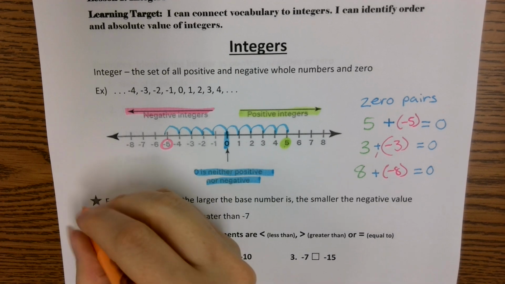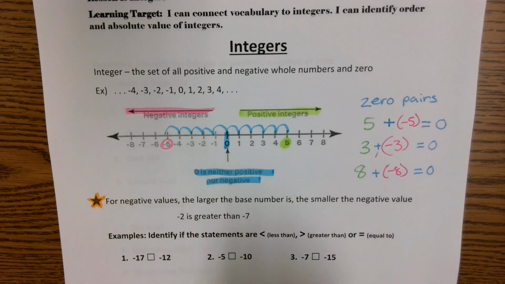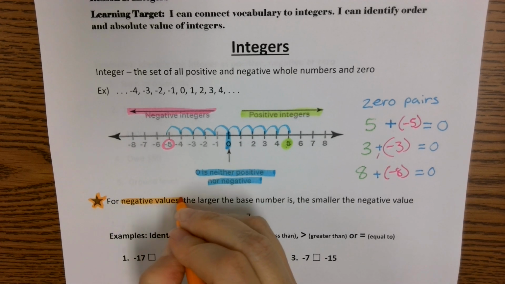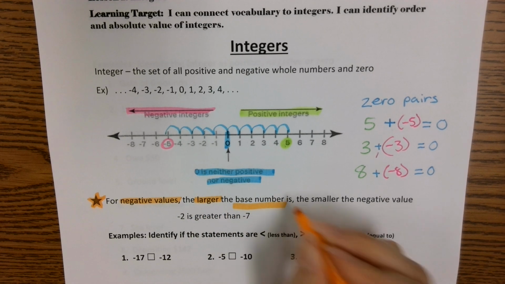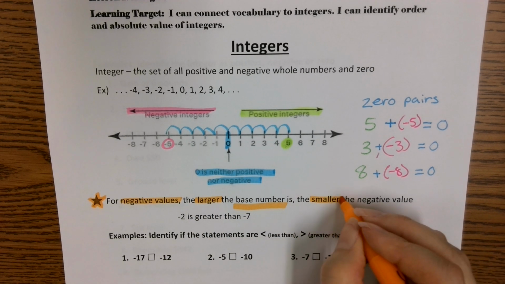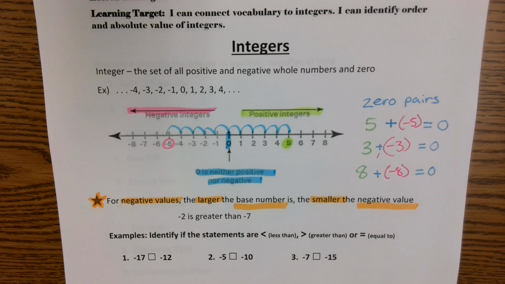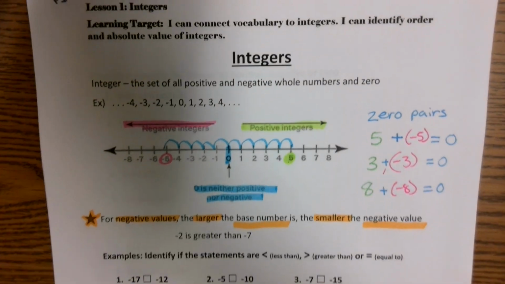What gets confusing is when we're comparing two negative values. So when you're comparing negative values, the larger the base number, the smaller the negative value. The larger the base number is, the further away from 0 it's going to be. So taking a look here, I'm going to zoom in for a moment into our number line.